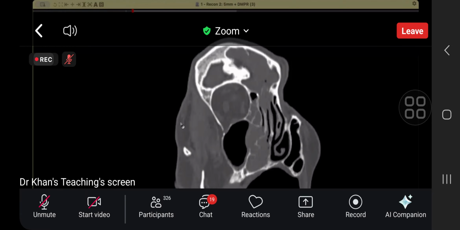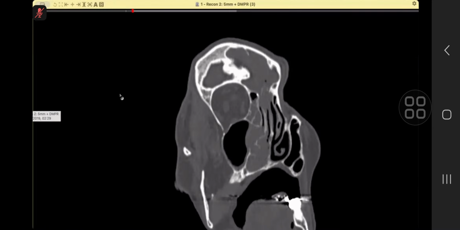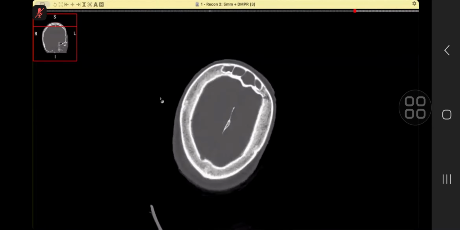If you want, I can show you the axial once again. Okay. Just a second. You want to see the axial because this will not. Yes, sir. Okay, this is the axial. Over to you.